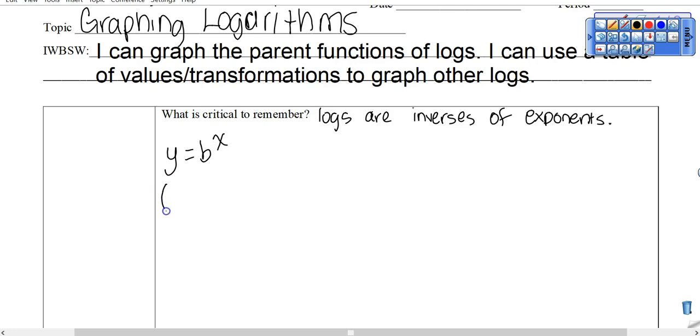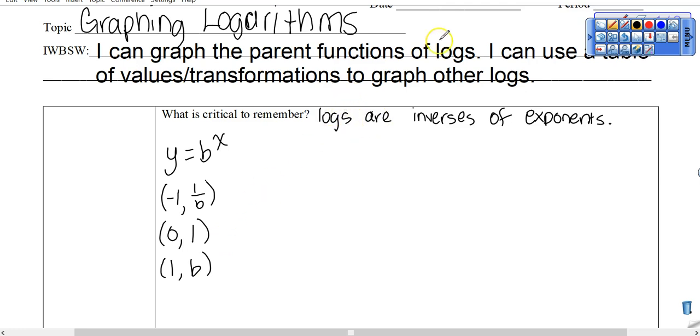We pick -1, and we get 1 over the base, whatever the base is, and we graph that point. Then we plug in 0 for x, and b to the 0 is 1. And then we plug in 1 for x, and we get the base. So typically when we're graphing just a basic exponential, those are the 3 points that we choose to graph.